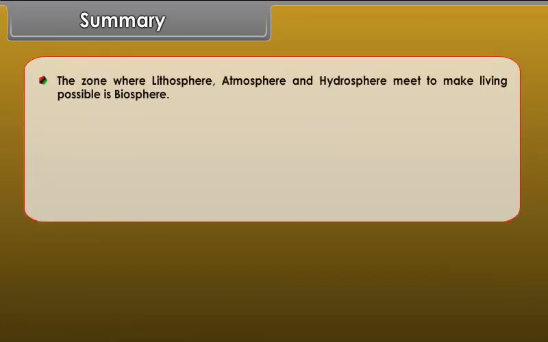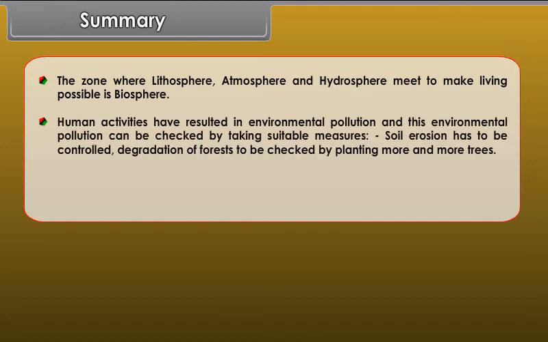The zone where lithosphere, atmosphere and hydrosphere meet to make living possible is the biosphere. Human activities have resulted in environmental pollution, and this environmental pollution can be checked by taking suitable measures. Soil erosion has to be controlled, and degradation of forests to be checked by planting more and more trees.